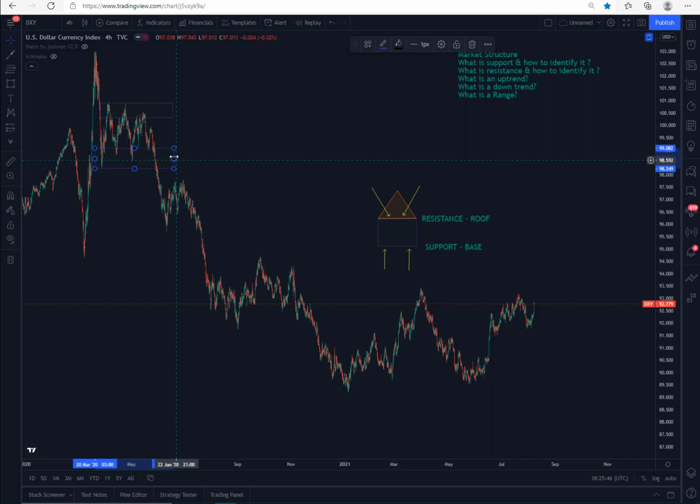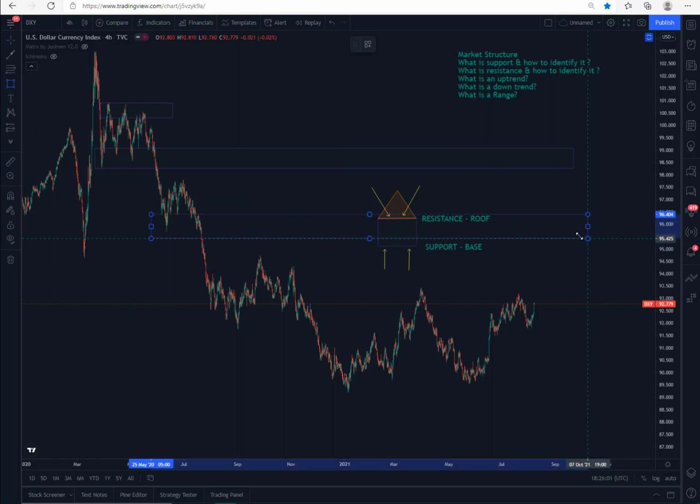I usually like extending my support zones forward this way, simply because it helps me identify where I am going to face these same areas in the future. So I'm just going to pick these areas here and extend, and then I would explain exactly why I highlighted these areas.